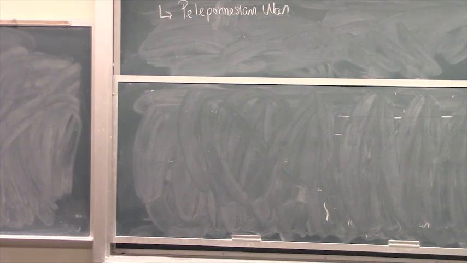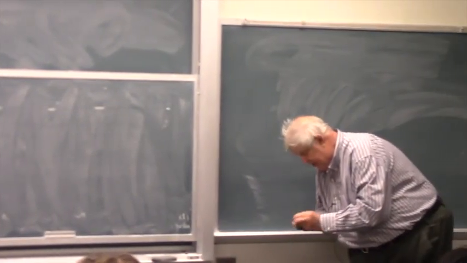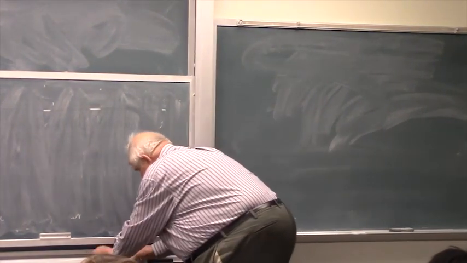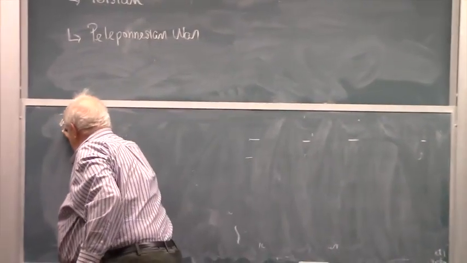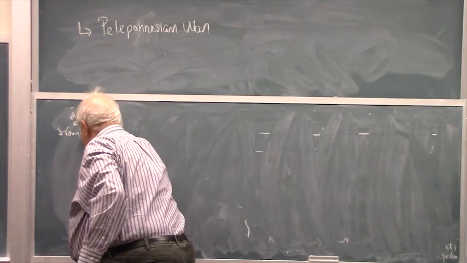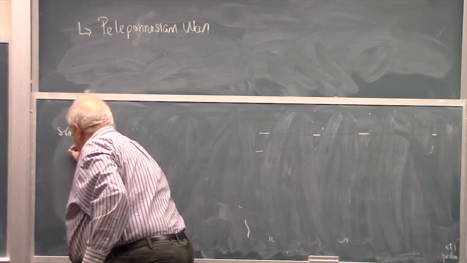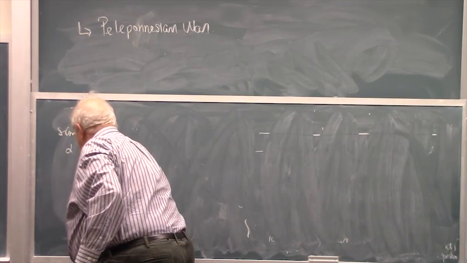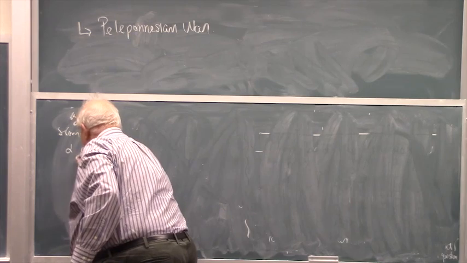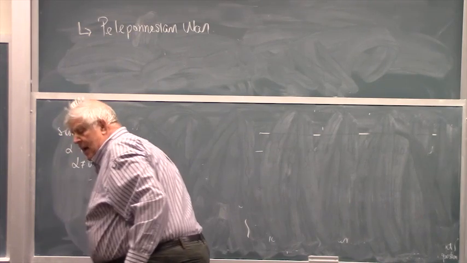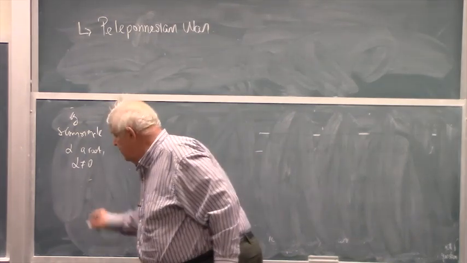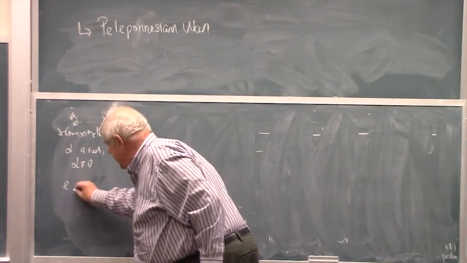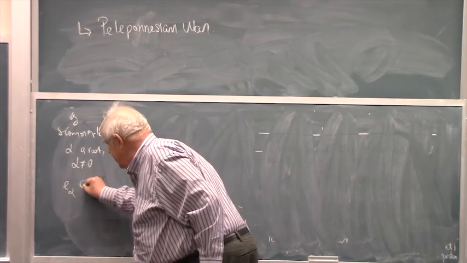So if you have an arbitrary semi-simple Lie algebra G, and some root of it. So G is semi-simple, and alpha is a root, not zero. Then G alpha is one-dimensional, as you know, and there arises an element which we can denote as E alpha.